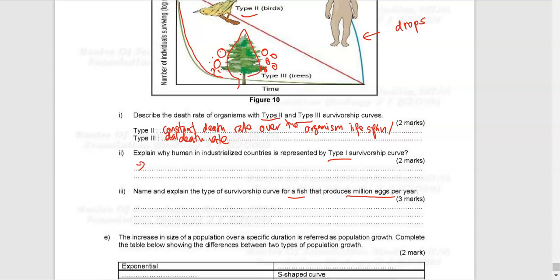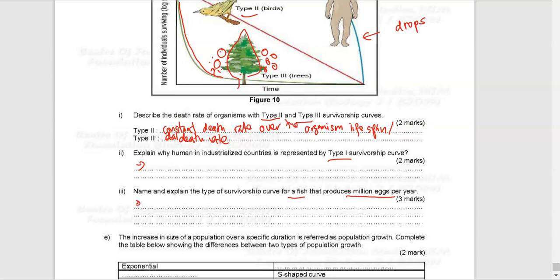So tree produces many seeds, many fruits, many seeds, and not all the seed will be able to survive and grow to become a fully grown tree. Kan, sama juga dengan fish. So that's why fish will produce millions of egg, and not all the egg will mature and hatch and survive to become fish. Kan, a fully grown fish, right?